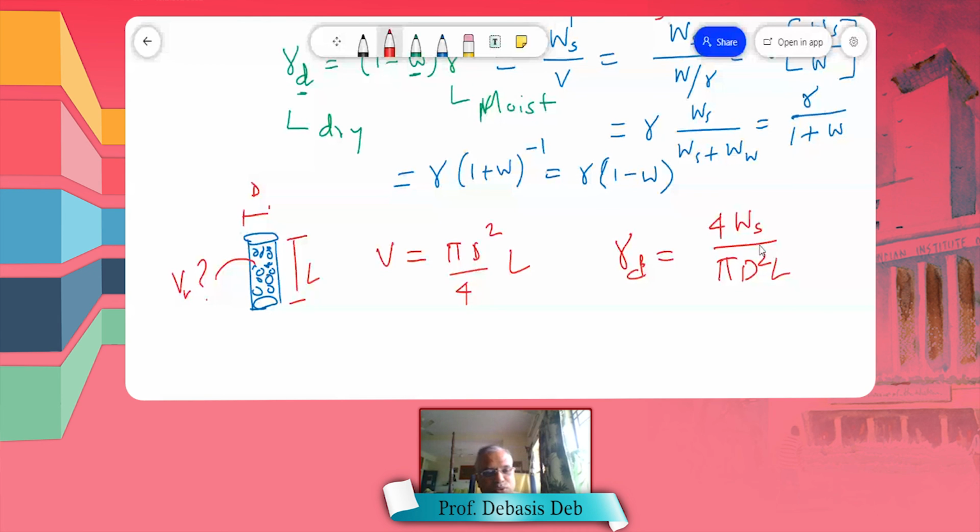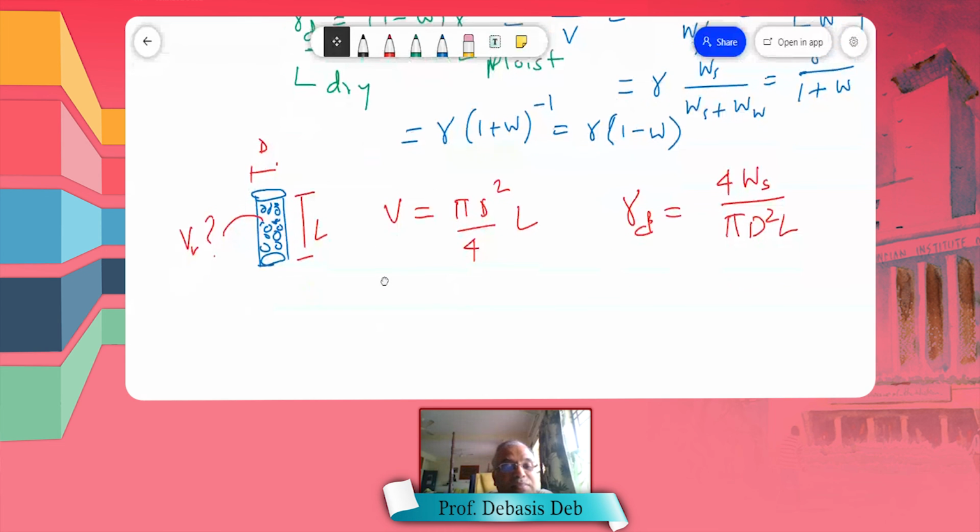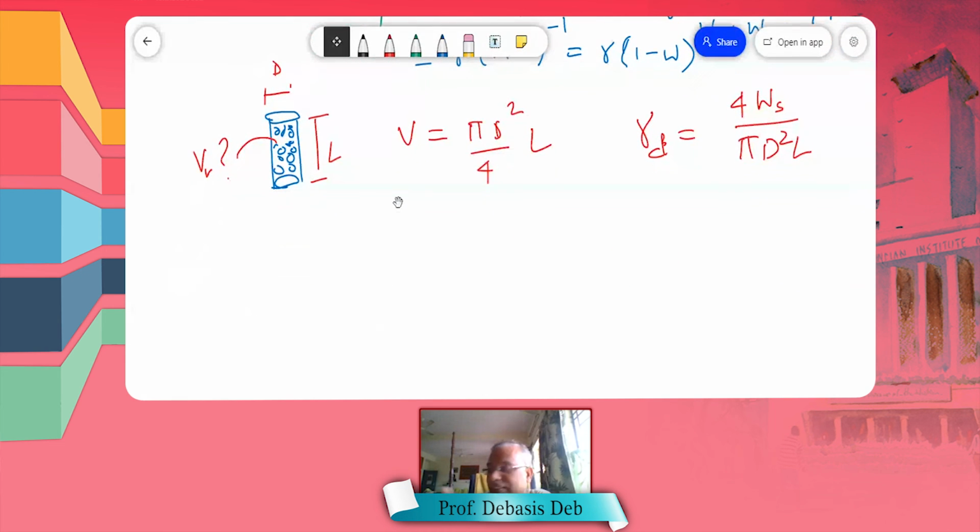Then we make it powder. Powder in the sense we break the sample completely, and we make it to the grain level. We do not break the grain. We go just before breaking the grain. Means you are not going to break a sand grain.